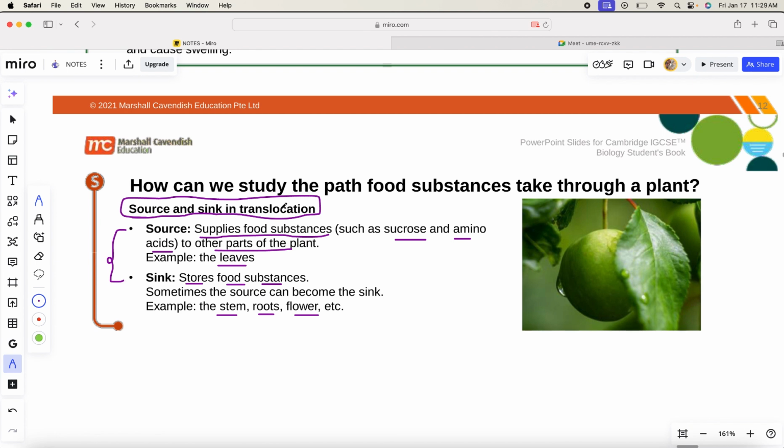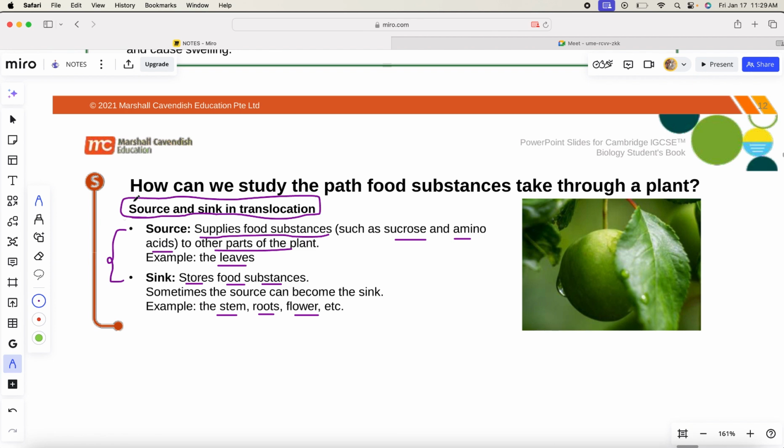So translocation is the movement of food substances such as sucrose and amino acids from the source to the sink for storage through the phloem tube.